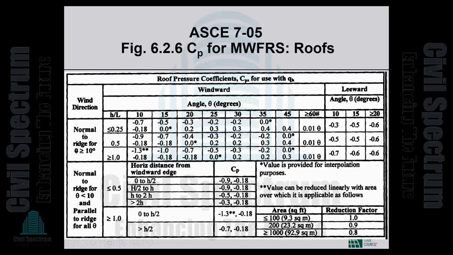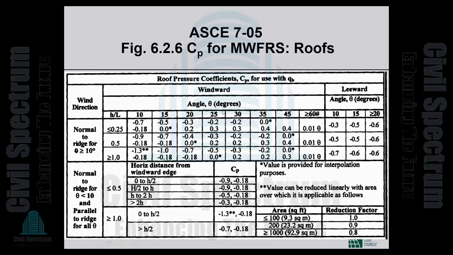Okay, so this is wind normal to the ridge for the steeper roofs. This is wind normal to the ridge for the flatter roofs, and wind parallel to the ridge for all roof angles.